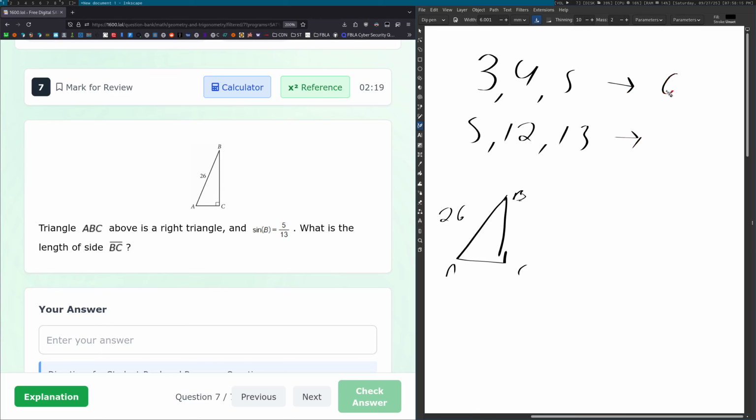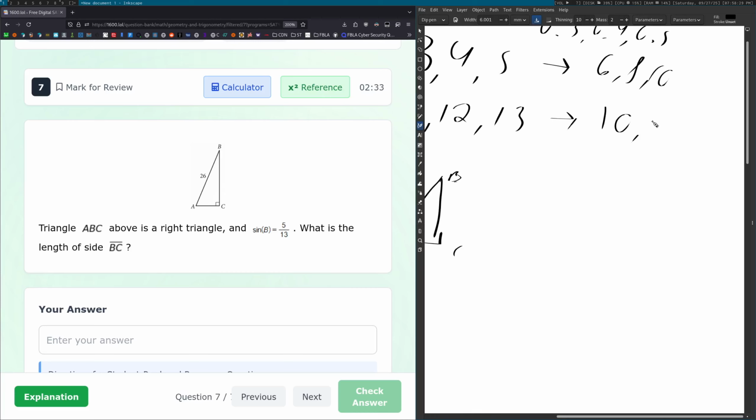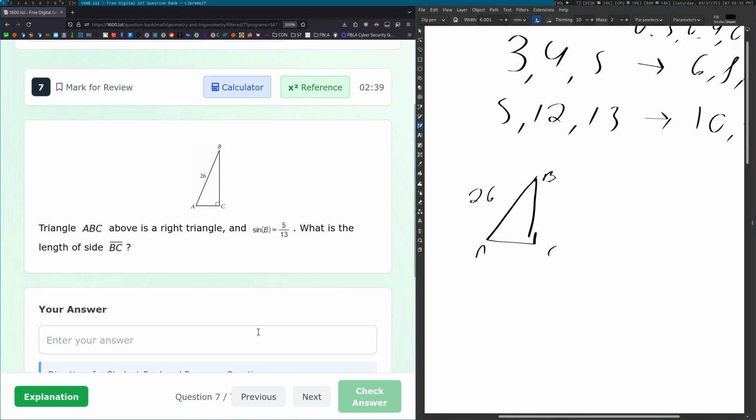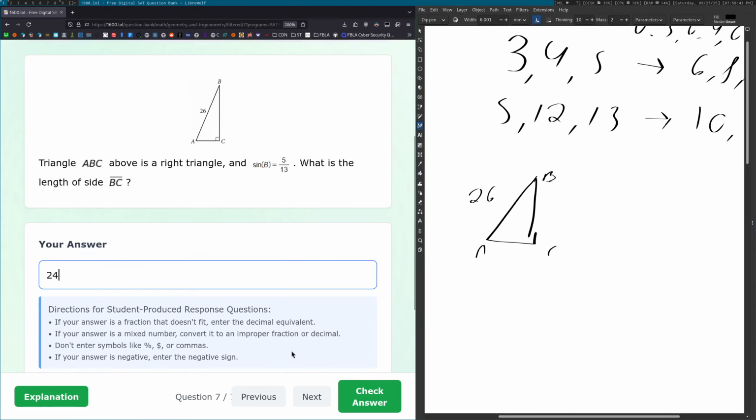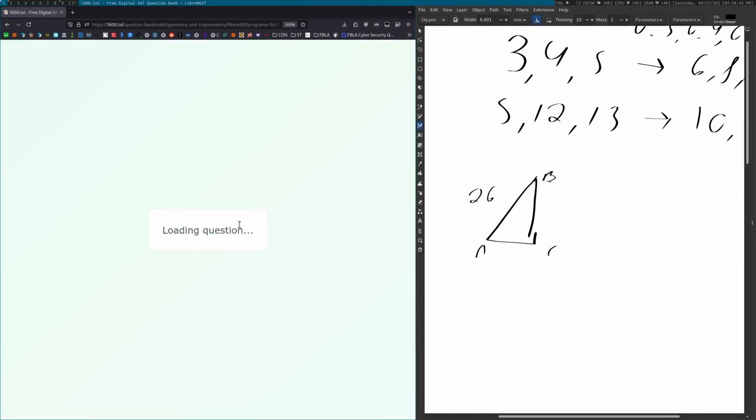So this could also be 6, 8, 10, or even 0.3, 0.4, 0.5. And in this case, these were 10, 24, and 26. So let's recall what is the length of BC. It was 24.